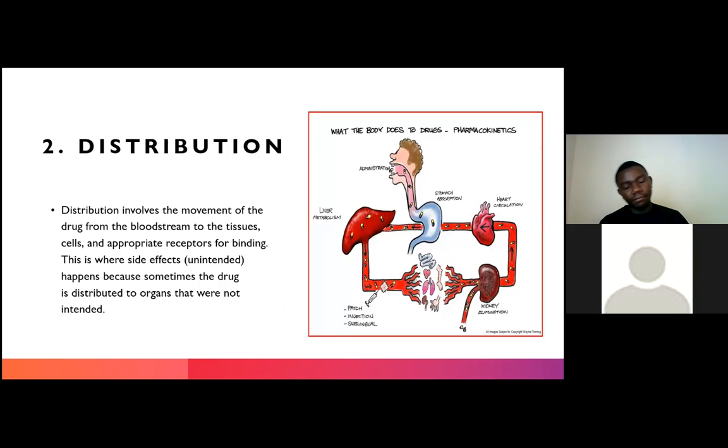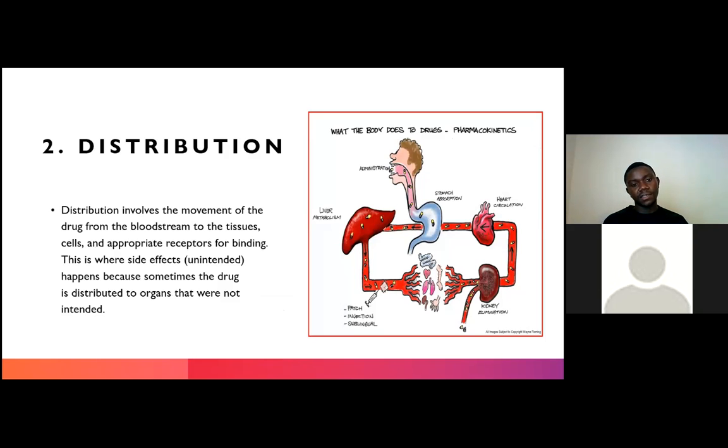And then once the drug is absorbed, it is distributed throughout the body, and here it moves from its site of administration to the bloodstream, where it goes now to the tissues, cells, and appropriate receptors for binding.